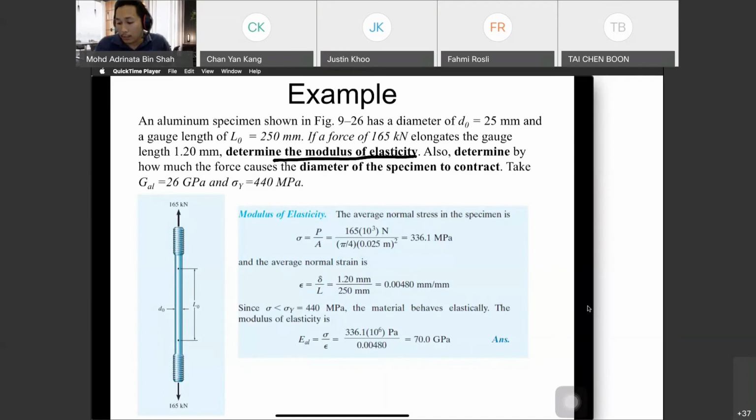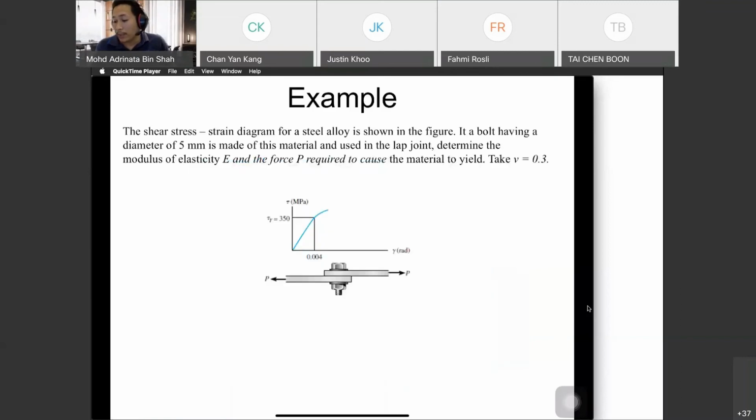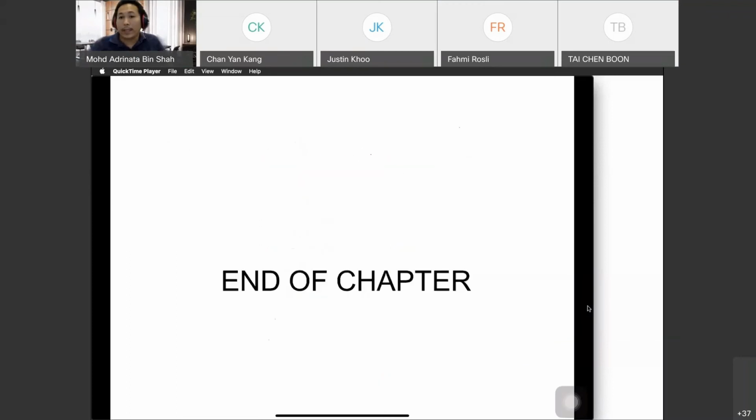So this is the shear modulus of elasticity and yield stress sigma y. This is an example of shear, you can also look at it, and that finishes the chapter.